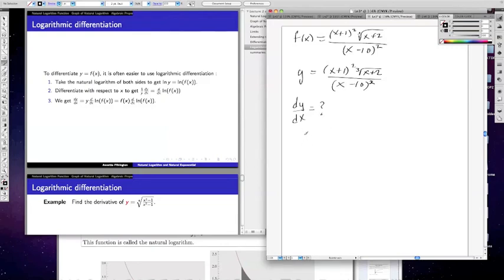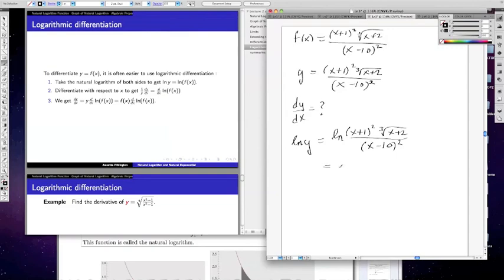Now we introduce an extra step which ultimately makes the problem easier. We take the natural log of both sides of this equation, and we have the natural log of y on the left equals the natural logarithm of this complicated looking thing, which gets much easier when we apply the natural logarithm.